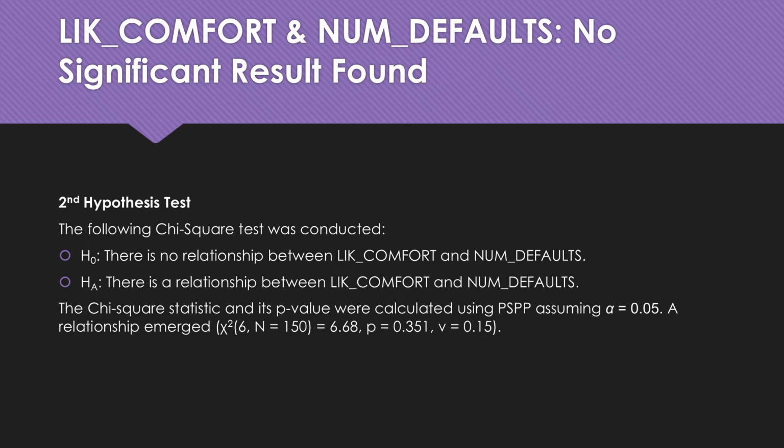Again, we look at the chi-square statistic and its p-value calculated using PSPP, assuming an alpha value of 0.05. There is no significant relationship that emerged, with the Kramer's V value being 0.15.